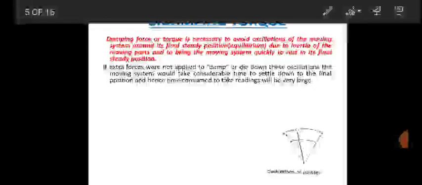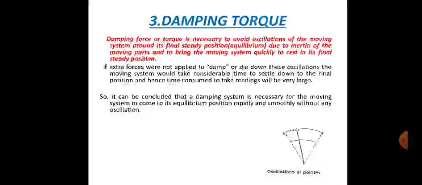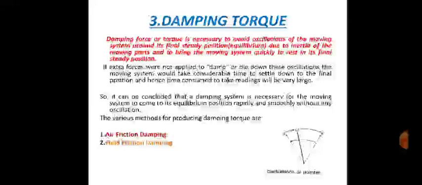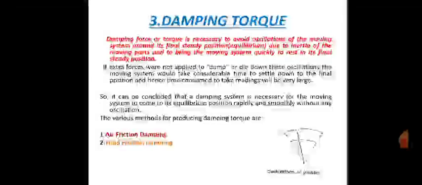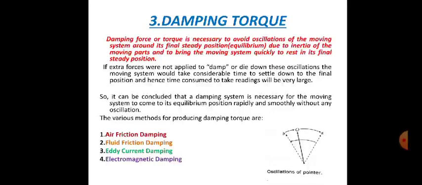There are four methods available: air friction damping, fluid friction damping, where we use the viscosity of the fluid. Then there are electrical methods, that is the eddy current damping method and the electromagnetic damping method.